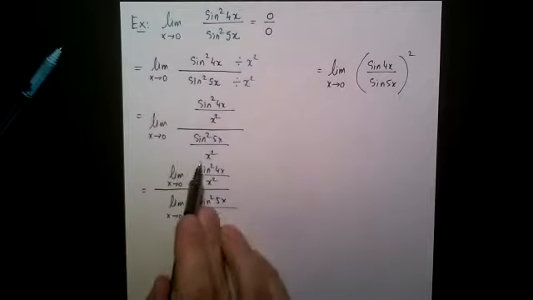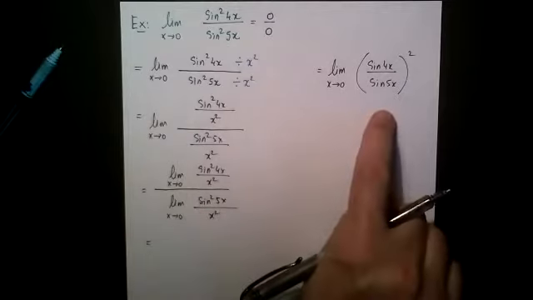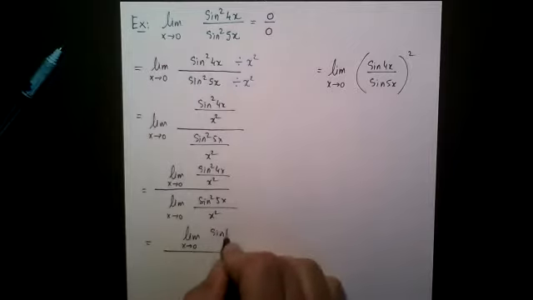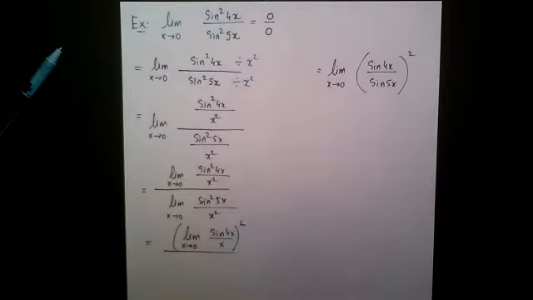And then here, you remember, I put everything to the power of 2. So I think you're better off with this method, it will be faster. We have on top the limit as x approaches 0 of sine 4x over x, all this squared, and on the bottom the limit as x approaches 0 of sine 5x over x squared.